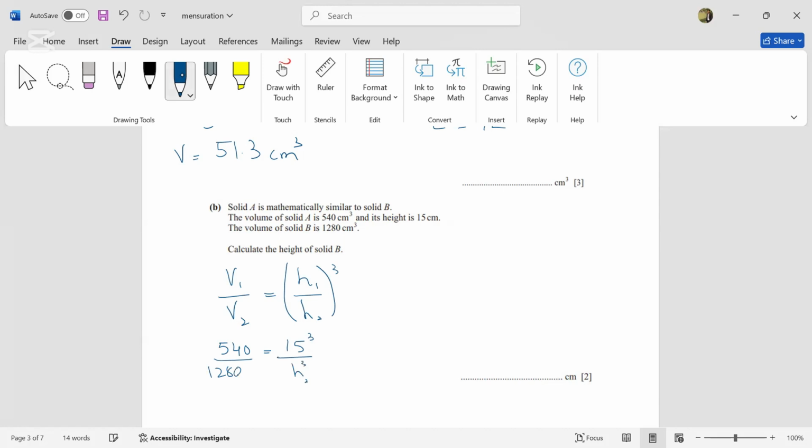Cross multiplying, solid B, 15. Let's insert this value in calculator.